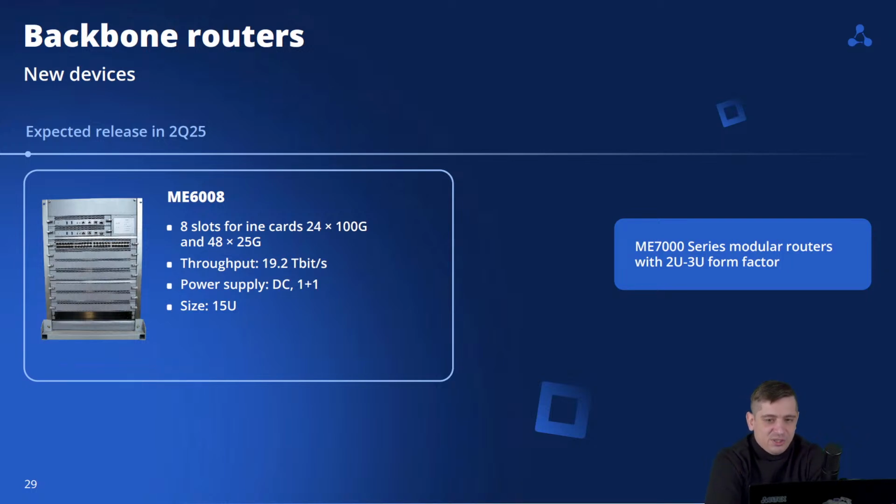This will also be modular routers, but with reduced size. They will take only 2 or 3 units in rack, but they still are going to keep the productivity, keep the hardware means to ensure uninterruptible routing within MPLS services.